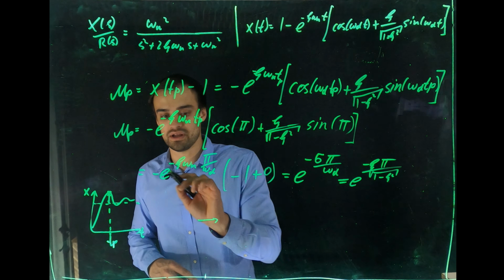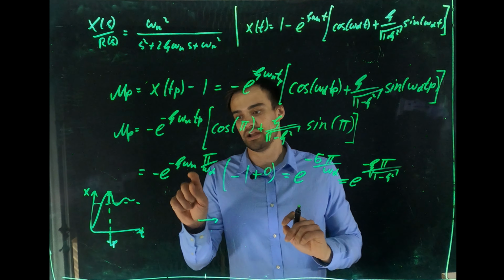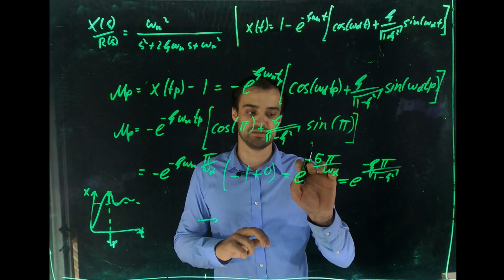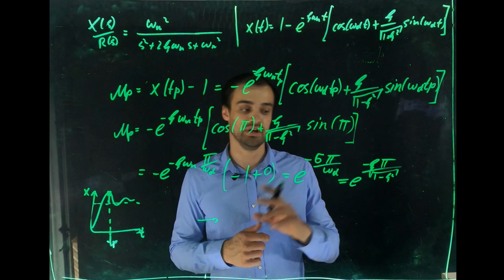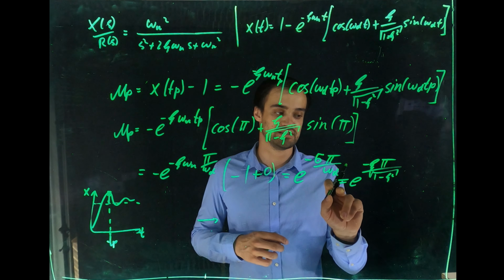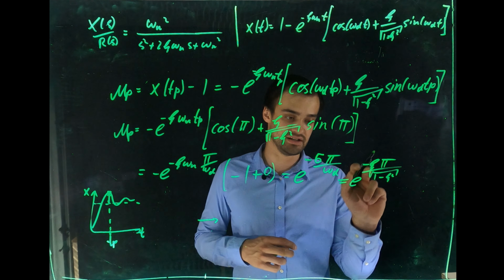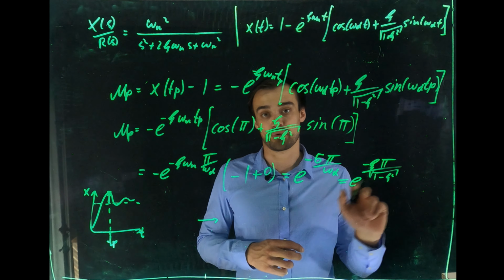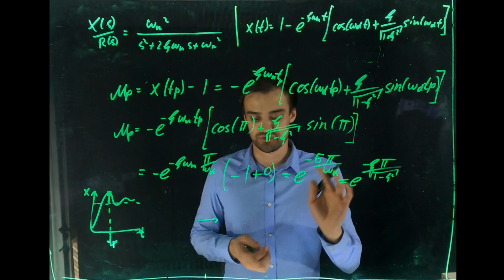The minus 1 and the minus from the front will cancel and make it a plus, and I can simplify this one to be a sigma from our s-plane representation from the last lecture. I can set this equal to omega n zeta, and down here omega n square root of 1 minus zeta squared. The omega n's cancel, and I end up with this term.